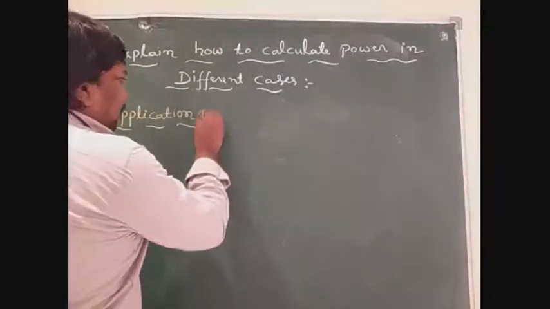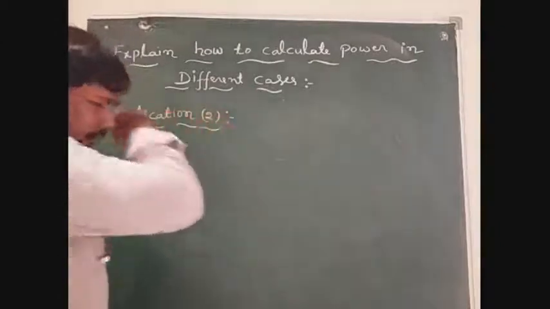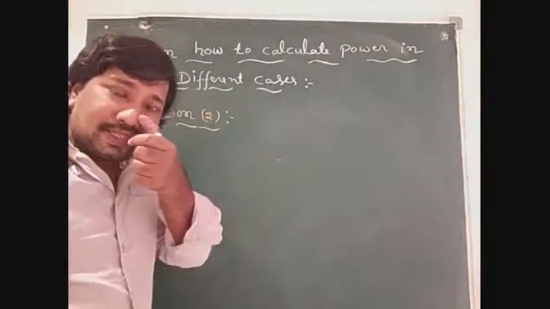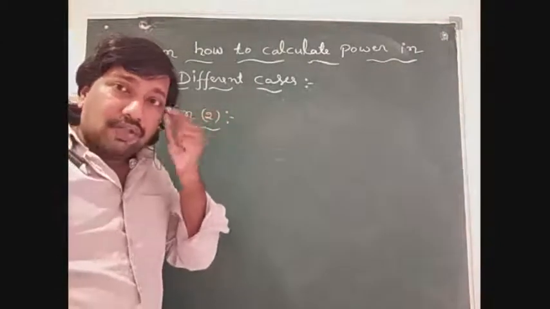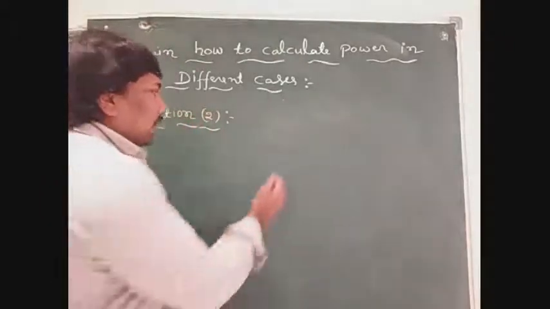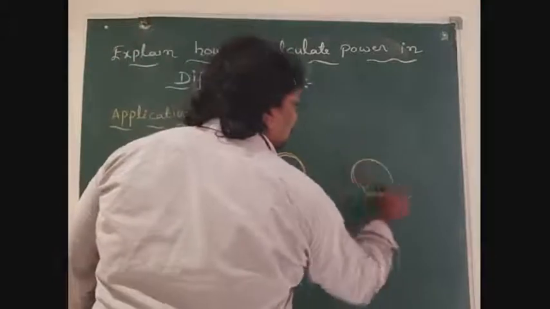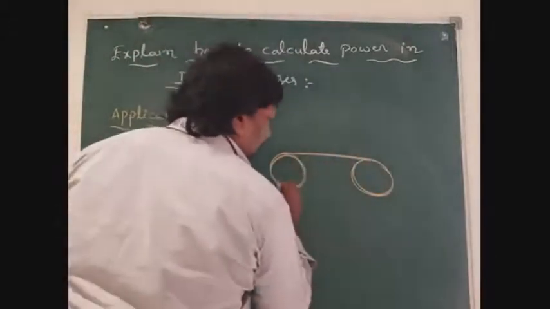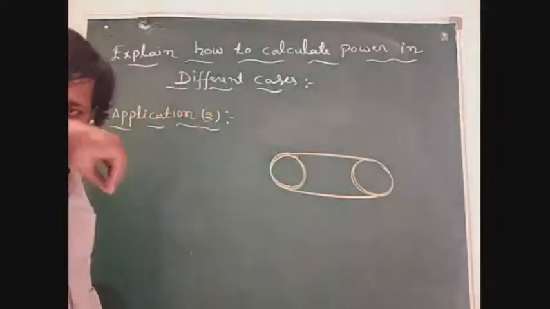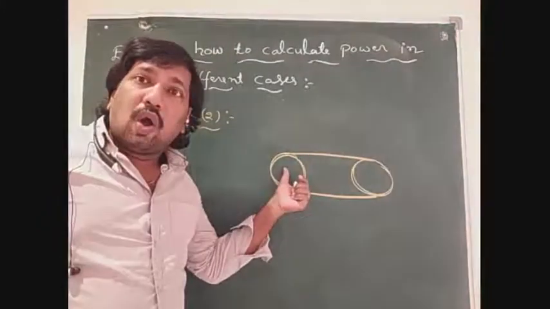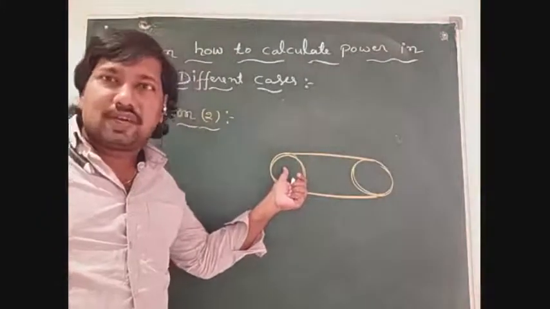In application number 2, a conveyor belt moves horizontally with constant speed v.